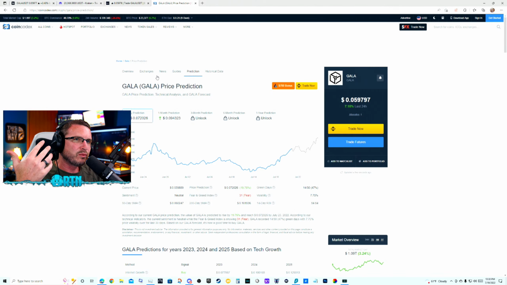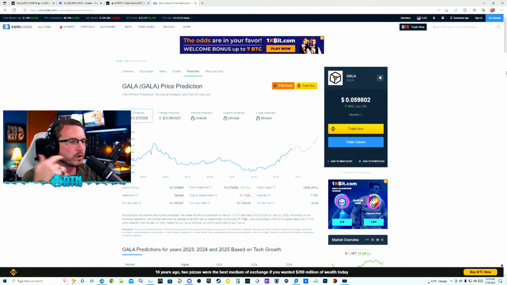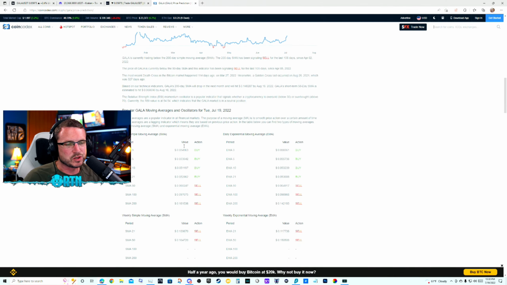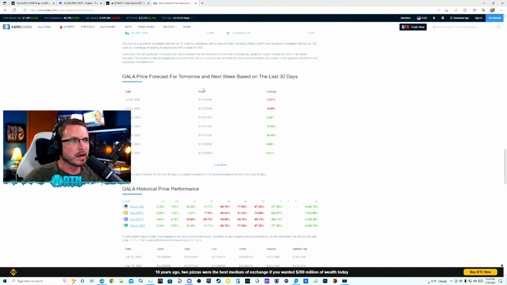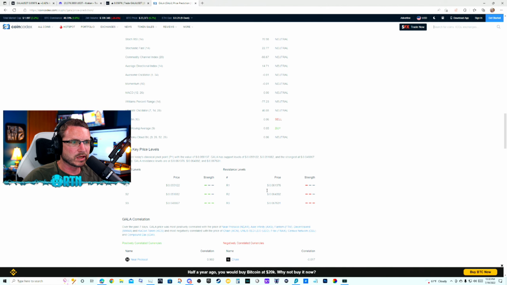TradingView, and then I would probably go into Coin Codex. Whatever coin you're trading, you can go into the prediction section. It just gives you some general overview stuff. This is not 100% correct. It is good information to kind of browse through. But the key ones that I try to find here and see how true they are are the resistance levels, in other words, the ones on the top, and the support levels, in other words, the ones on the bottom.